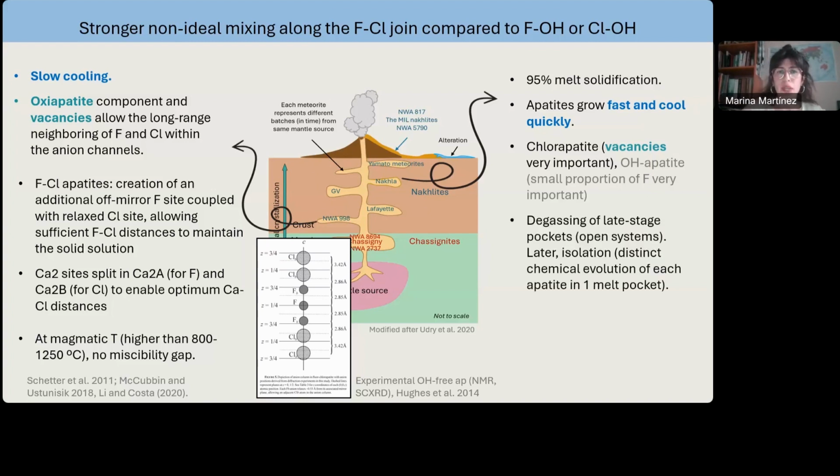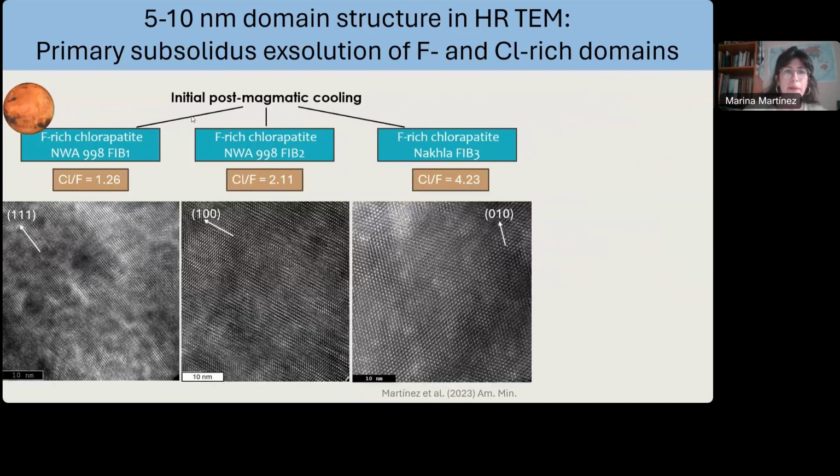Okay, so now here I'm showing the chlorine to fluorine ratios because it's an important parameter in developing these microstructures, these exsolution domains.